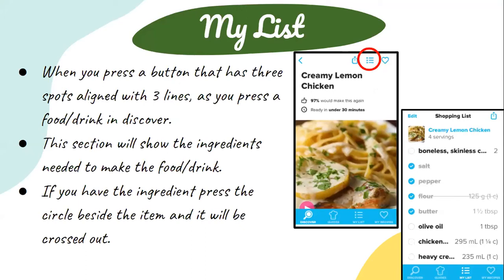You can access it when you press a button that has three spots aligned with three lines at the top of the page as you press a food or drink in Discover. This section will show you the ingredients that are needed to make the food or drink. If you have the ingredient, press the circle beside the item and it will be crossed out as seen in the right picture.